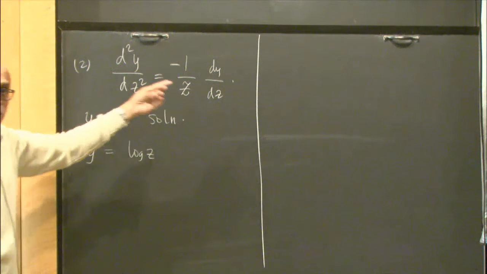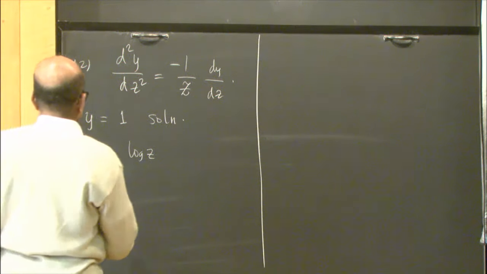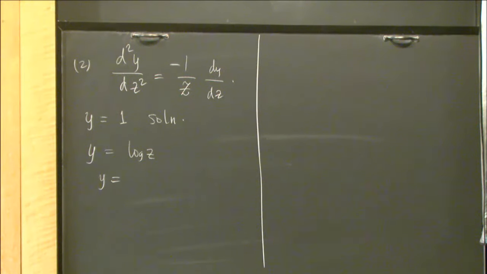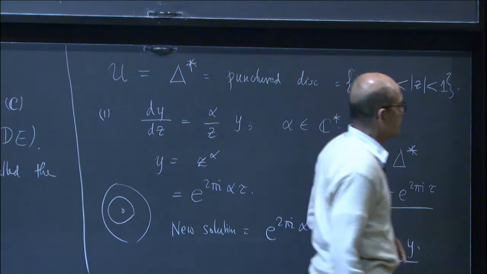That's also the right hand side. So instead of writing log, I will write tau, because log z is 2 pi i times tau.